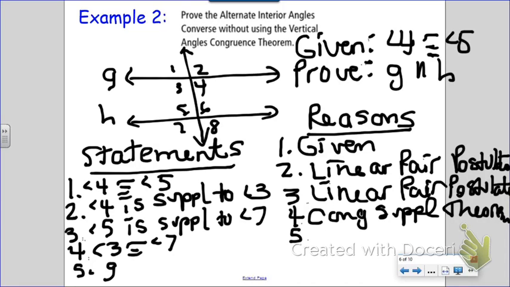And then we know that G is parallel to H, because if you look at your picture, 3 and 7 are corresponding angles. So that's the corresponding angles converse theorem.